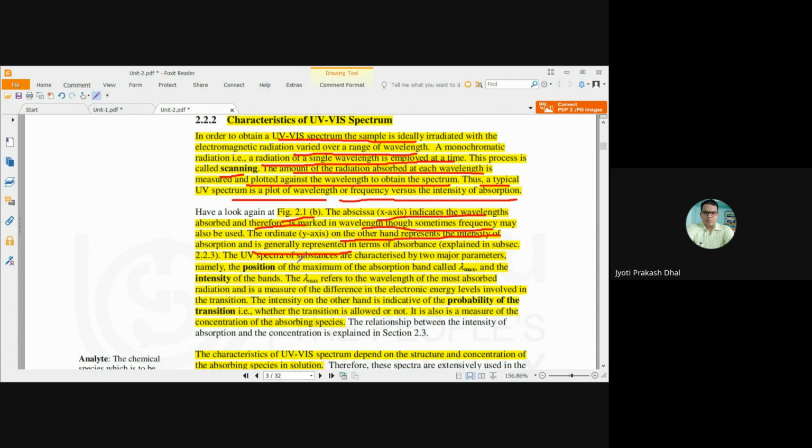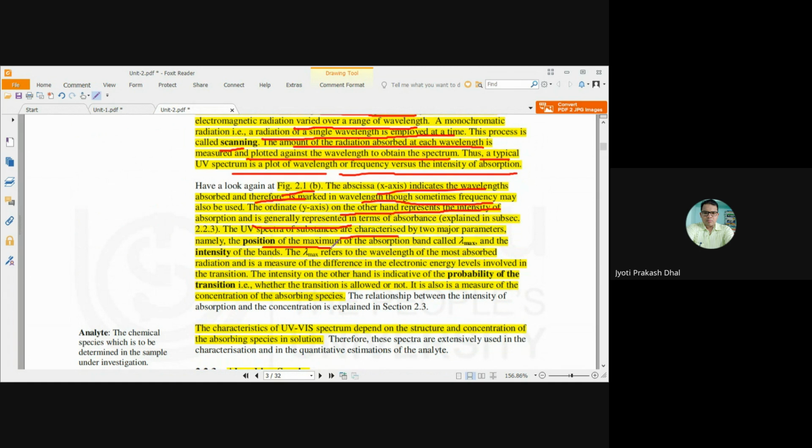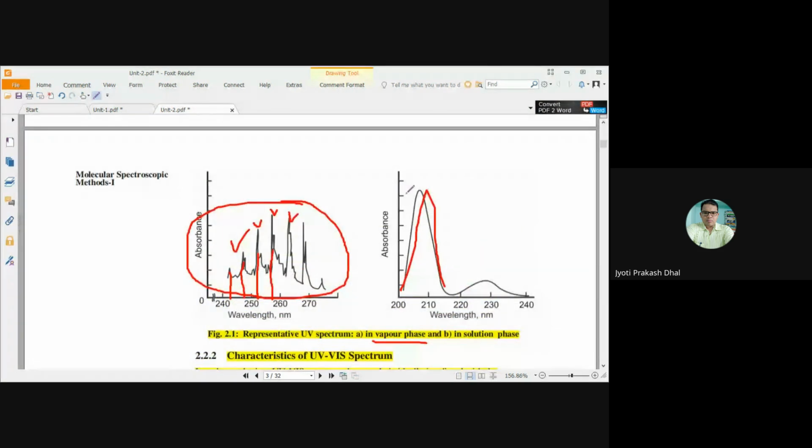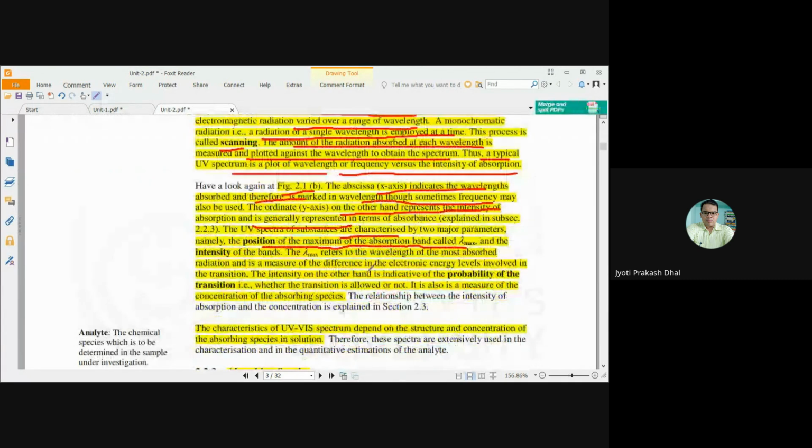That means the UV spectra of a substance are characterized by two major parameters. The first is the position of the absorption band, or the position of the peak, called lambda max, the position of the maximum of the absorption band.